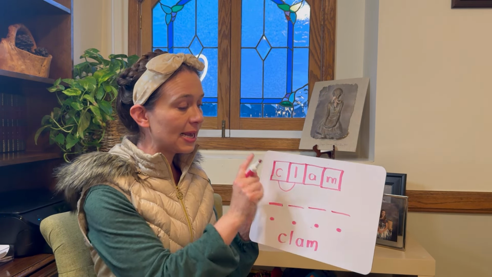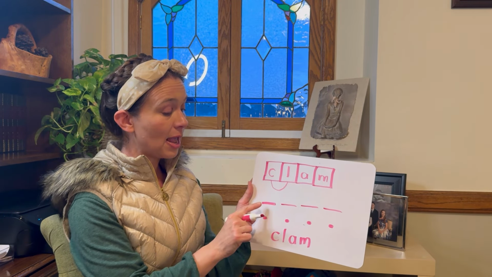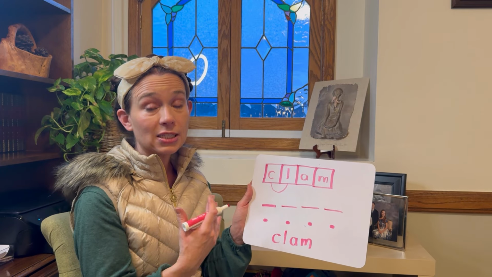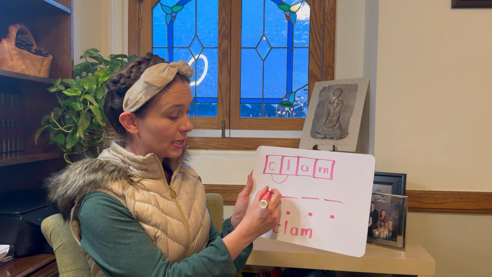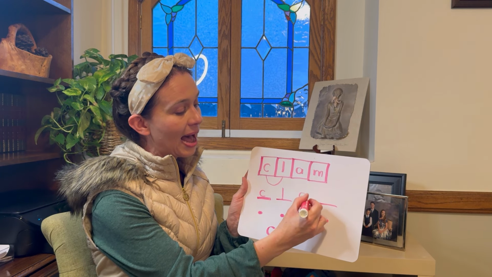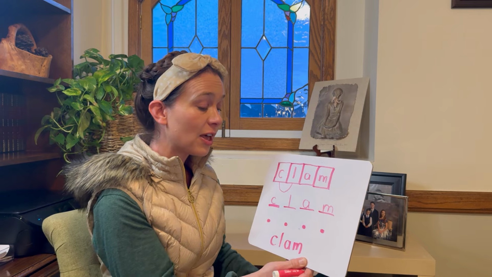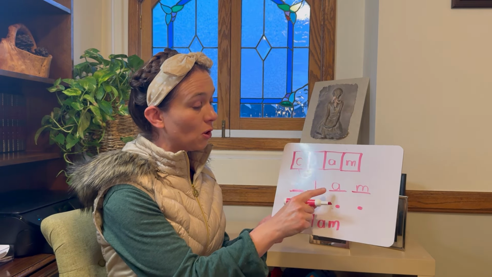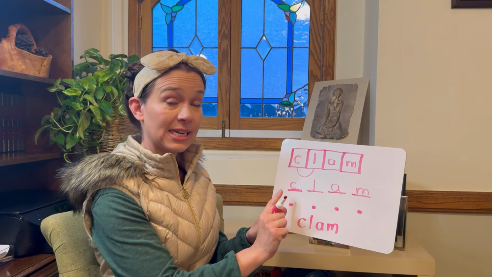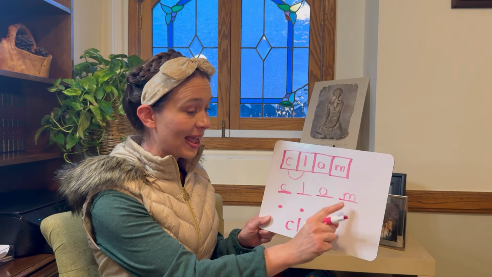Clam, blend it, clam. All right, taking away a little bit of the supports here, I might just have lines for each sound. So we have our k, ul, a. And there I would have k, ul, a, continual blending, clam, blend it, clam.